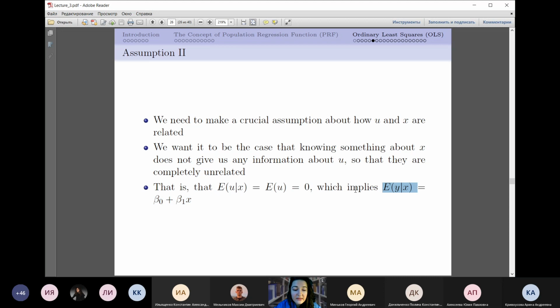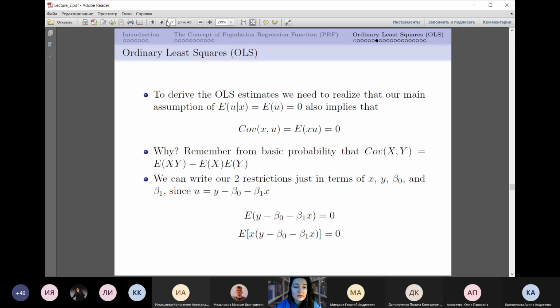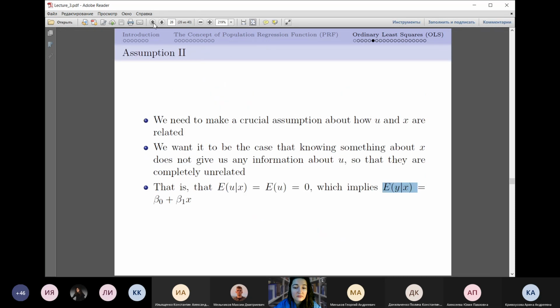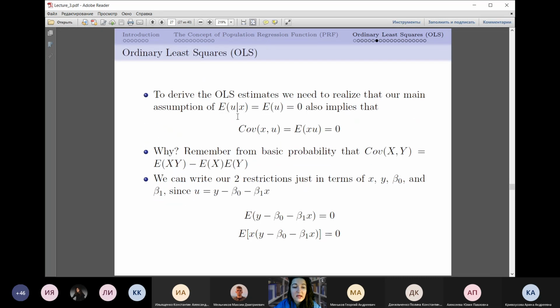So these equations, we can rewrite using two restrictions. And here we can use beta 0 and beta 1, our unknown parameters, and say that this equation equals 0.